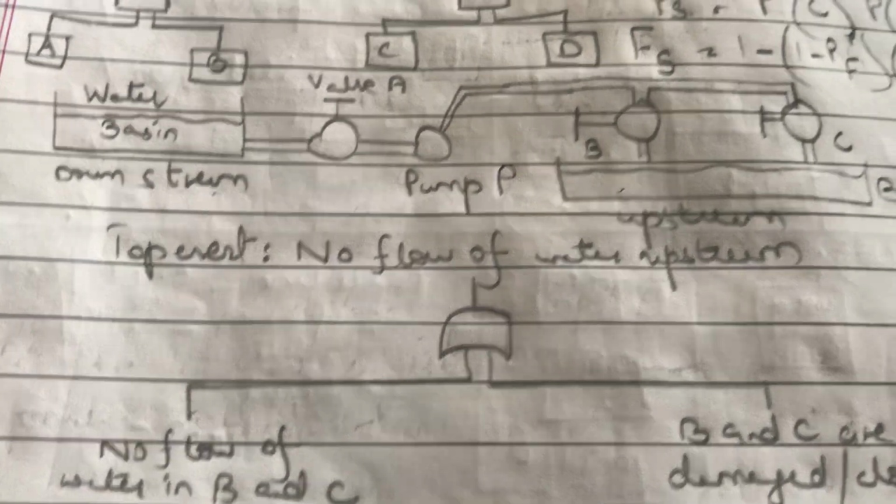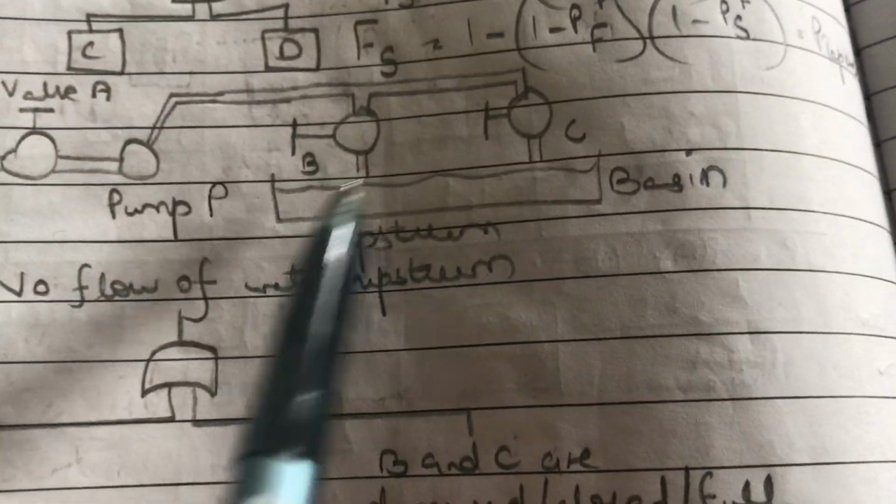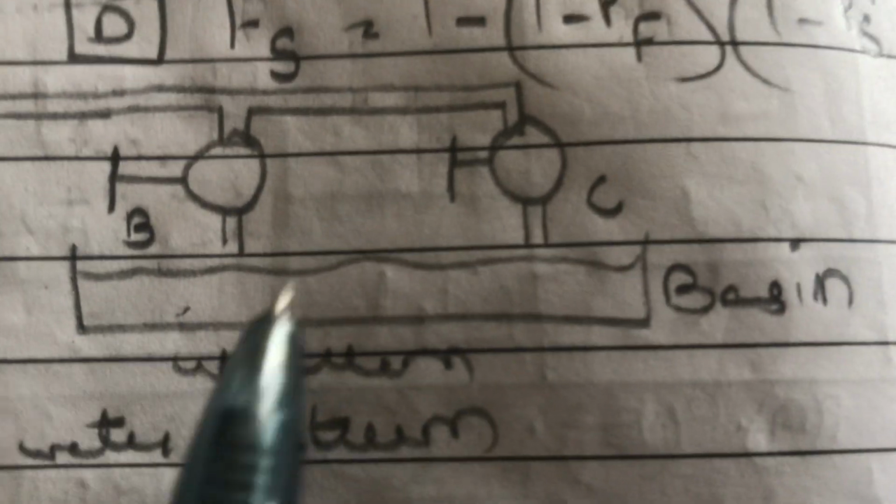Okay, so let's see how it can be represented. Why is this system going to fail? Why has the water stopped flowing?